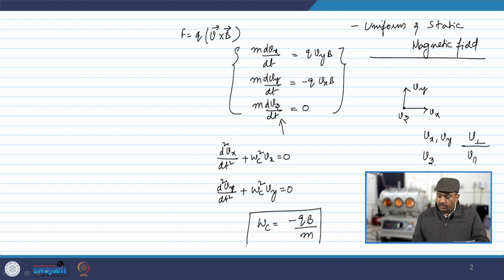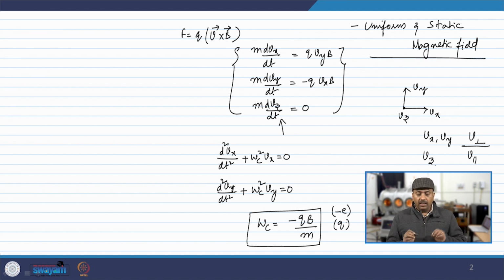When we define minus q B by m, q can be positive or negative. So, q can be an electron, in this case q is minus e, or an ion where, let us say, q is a positive charge.